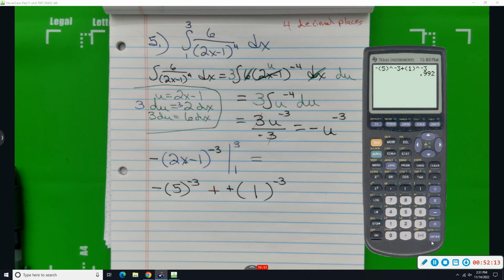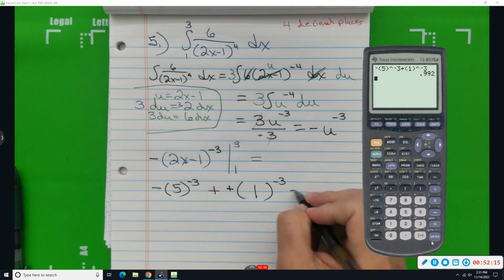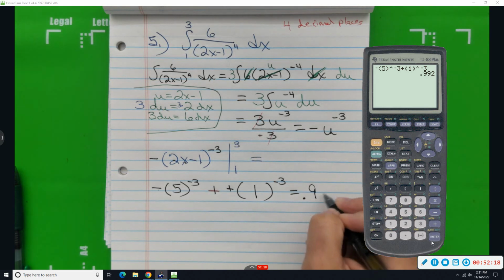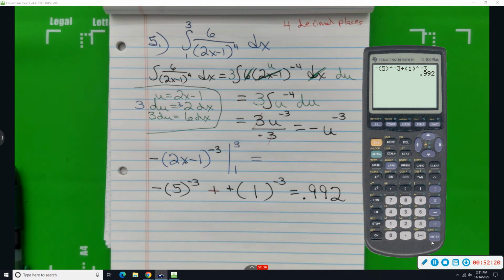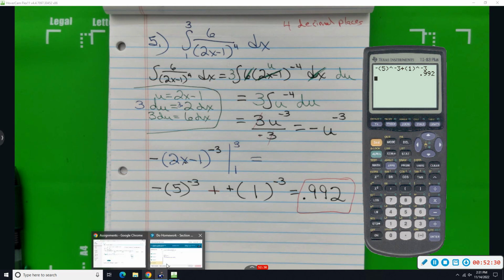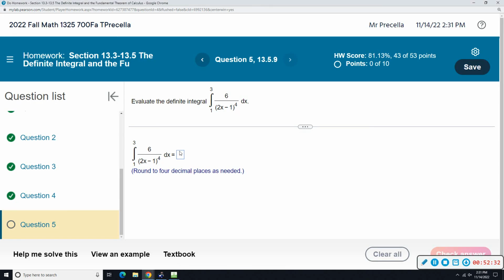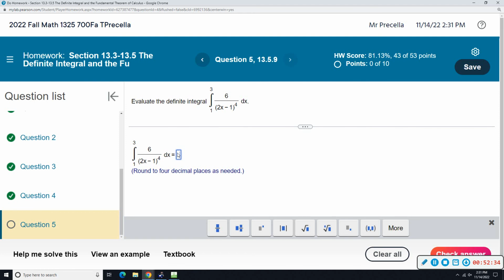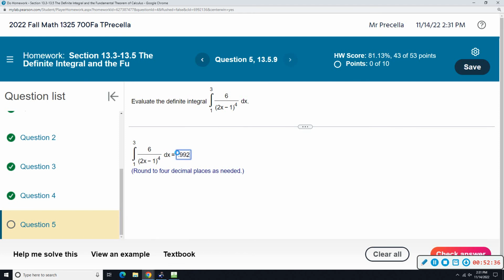I'm getting the decimal 0.992. I want it rounded to 4 decimal places, but this thing appears to terminate after 3 decimal places. So we come back over here and we punch in a 0.992.